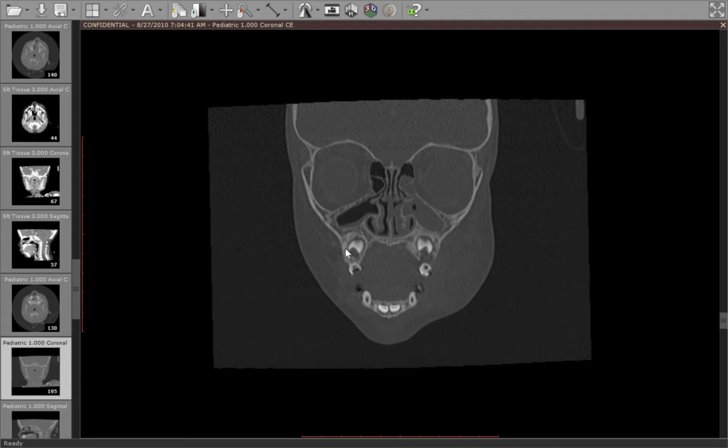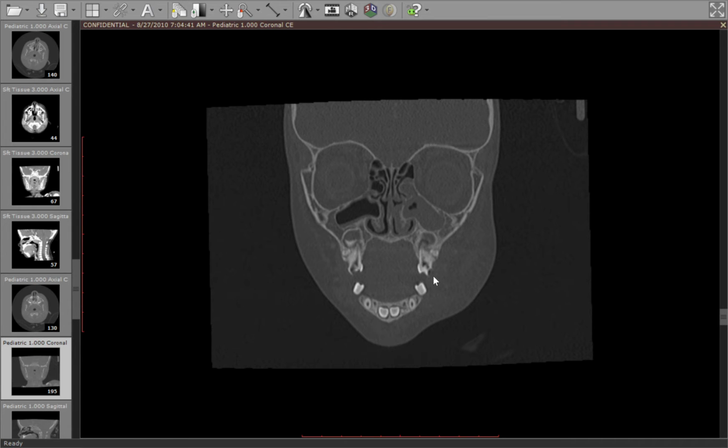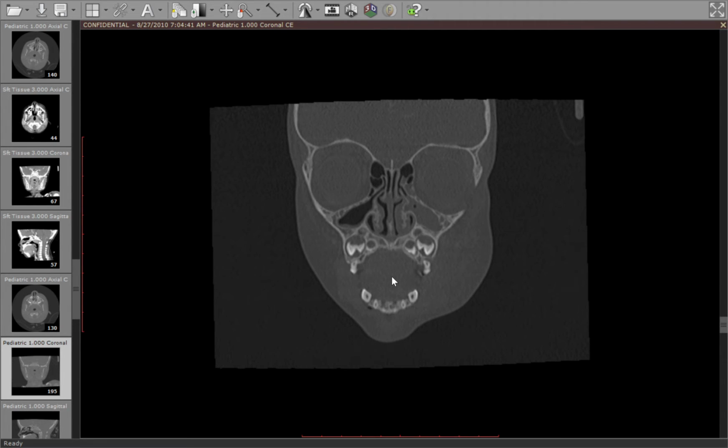In a kid, the apices often finish forming 2 years or so after you first see the crown in the oral cavity. So this could be just the development or the maturation of a fully formed apex. You can kind of see it on the other side as well. It also could be decay, especially in the setting of the coronal decay. And so sometimes in kids that can be a little confusing.